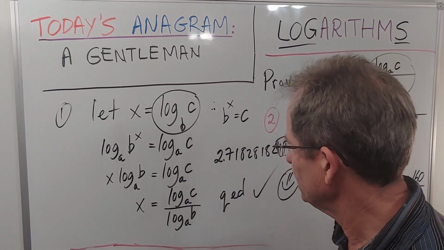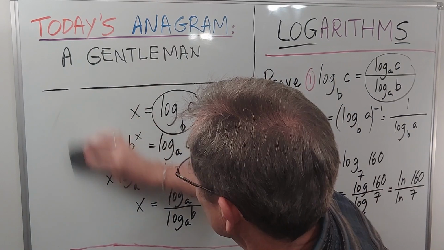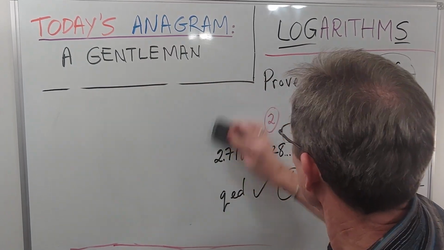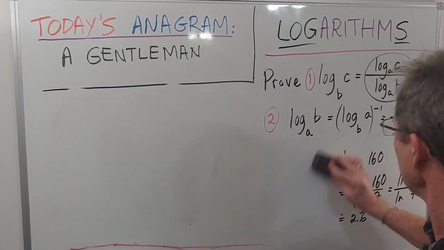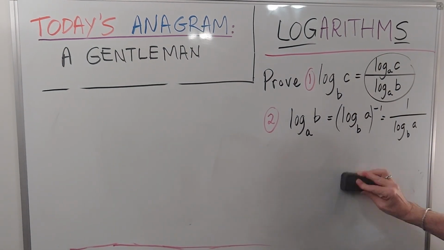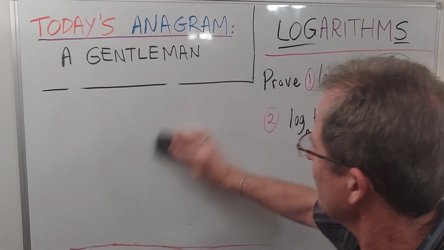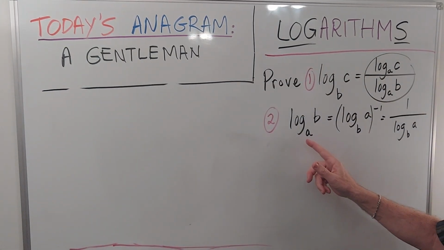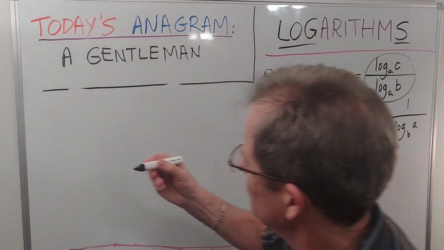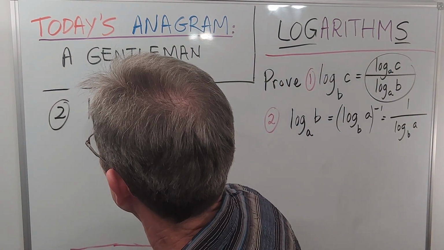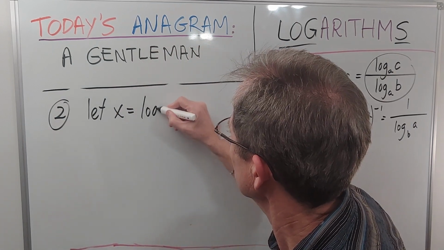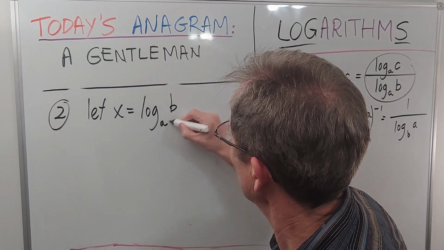Okay, the second proof. Okay, let x be the left-hand side. So that's log of b to the base a.